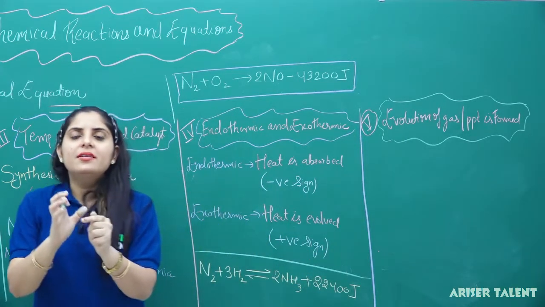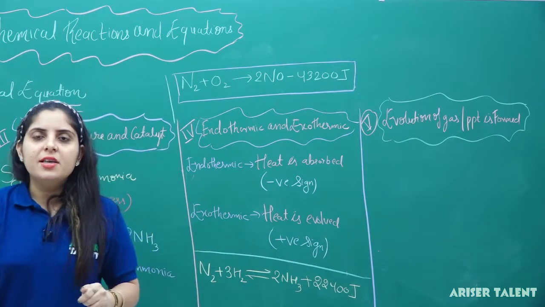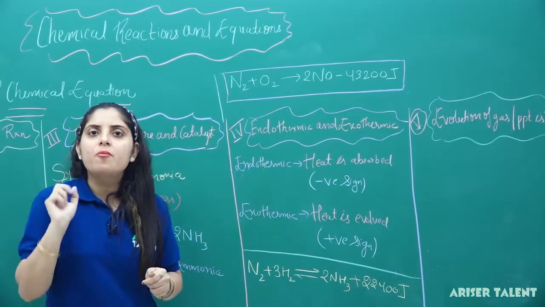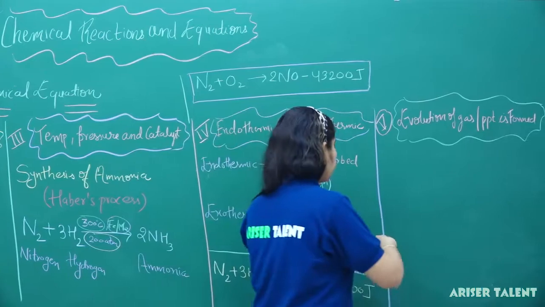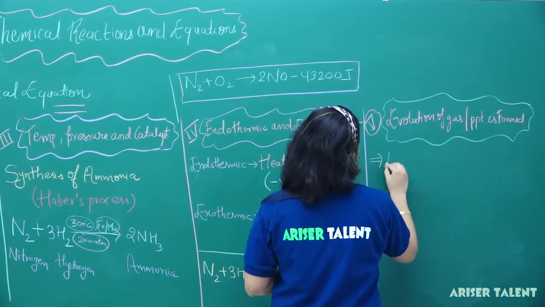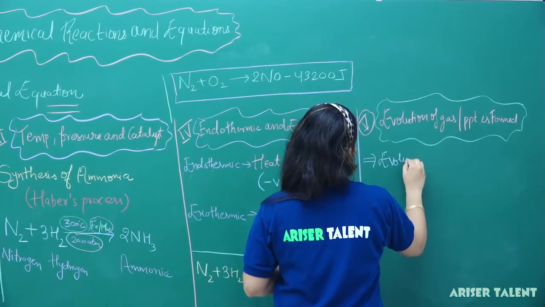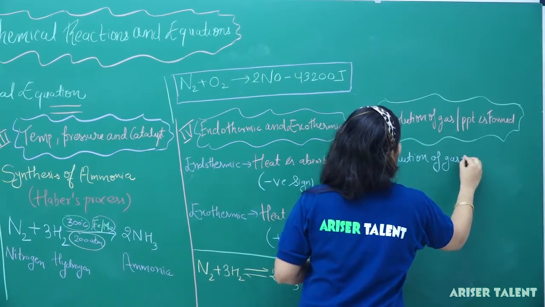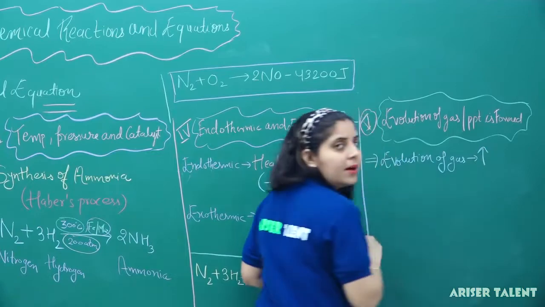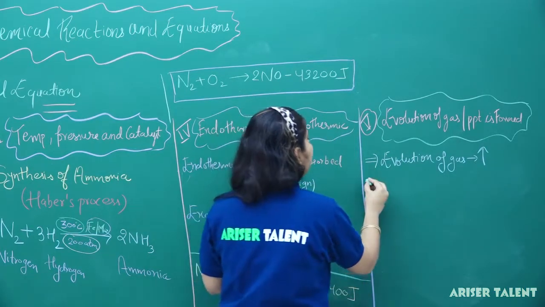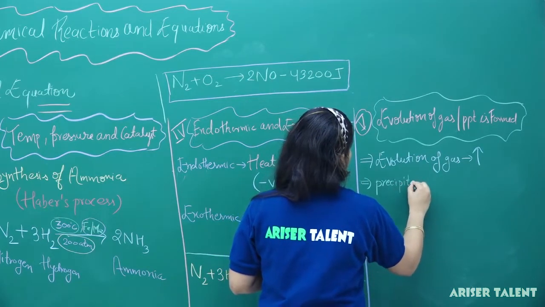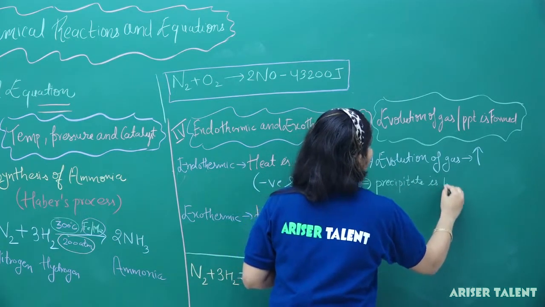Suppose in a certain reaction a gas is evolved, then how will we know the gas is evolved? We will indicate it by an upward arrow. And secondly, if a precipitate is formed, what will we do?